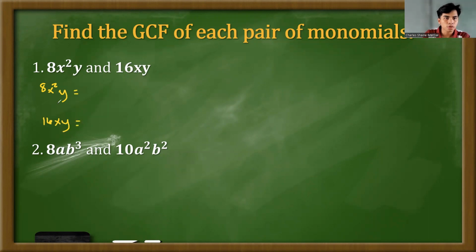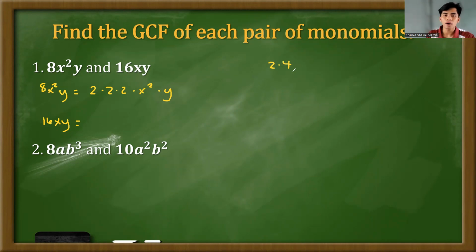Alright. So for dito naman sa 8x squared y, kunin muna natin yung prime factors ng 8. So we have 2 times 2 times 2 times x squared times y. Okay, so kung maitatanong nyo, sir, bakit 2 times 2 times 2? Pwede namang 2 times 4.